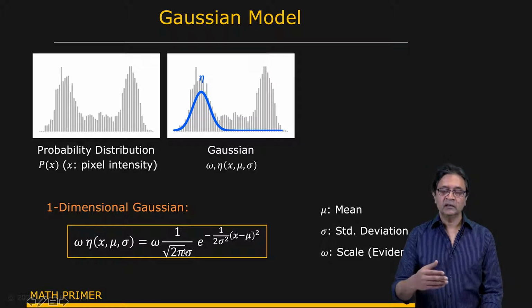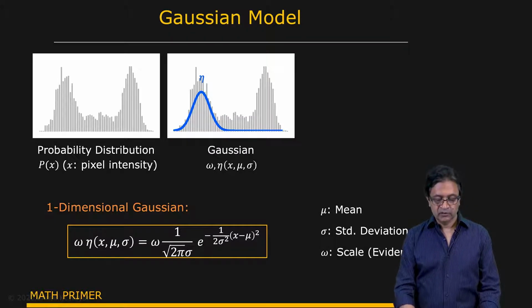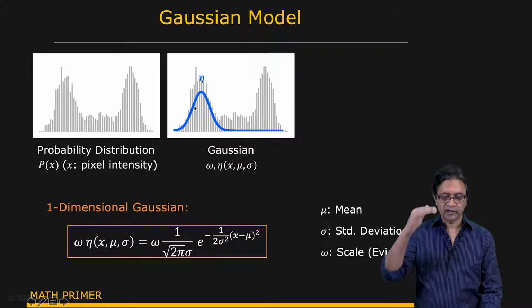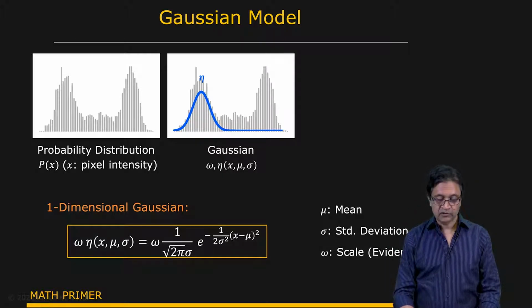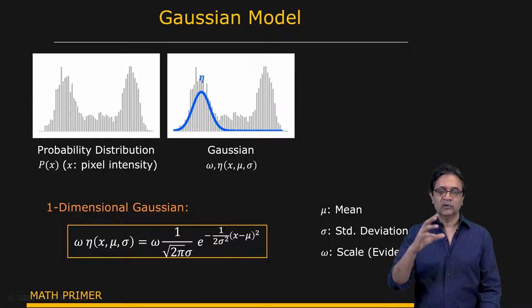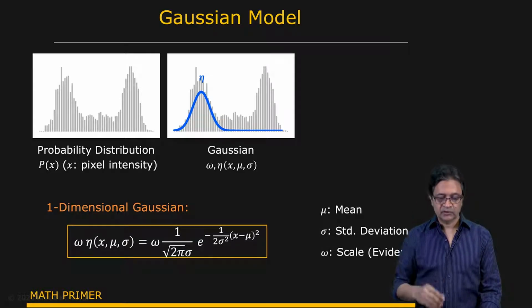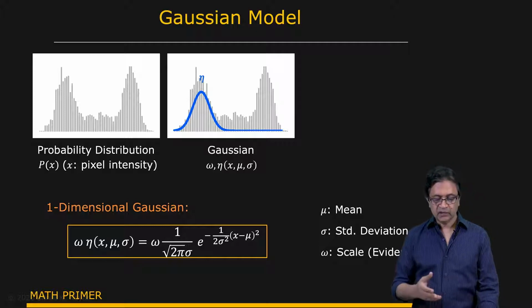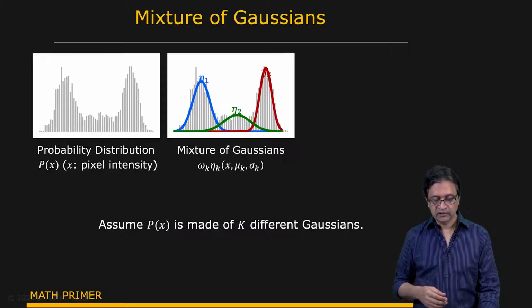And we're going to add a third parameter to it, which is omega. Omega is called the scale or the evidence associated with this Gaussian. And that's to accommodate for the fact that these various subpopulations or bumps can be of varying heights. So that's your Gaussian. So we can certainly model one of these peaks or modes with one Gaussian. And that's a one-dimensional Gaussian in this case because we're looking at just brightness values.